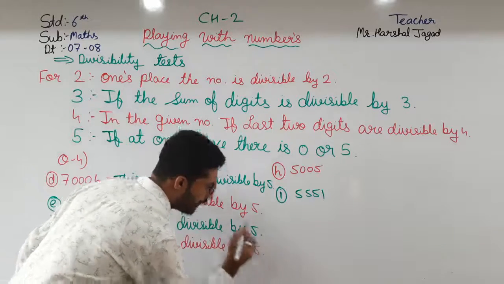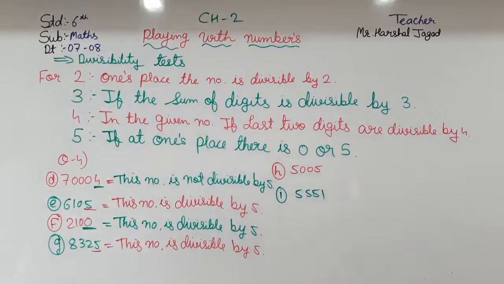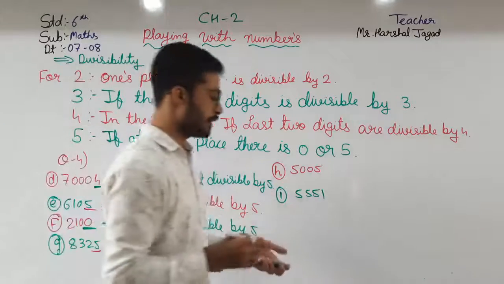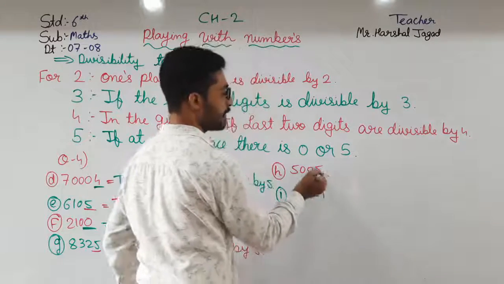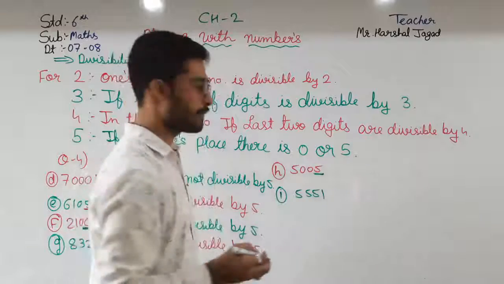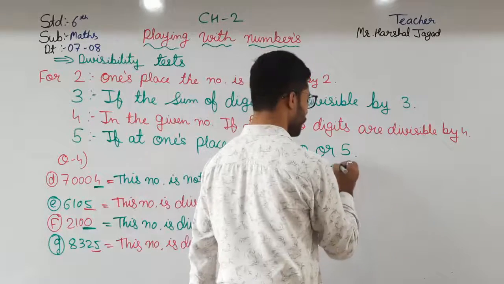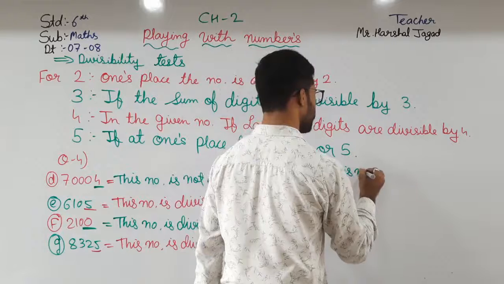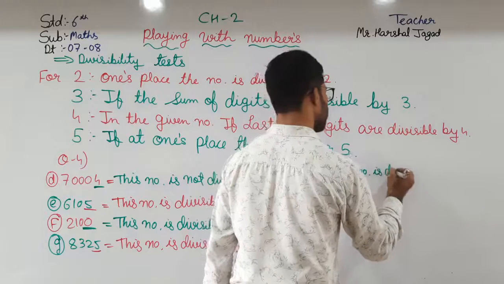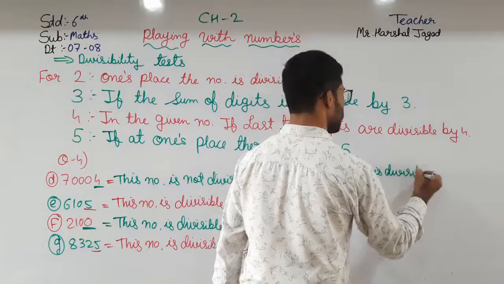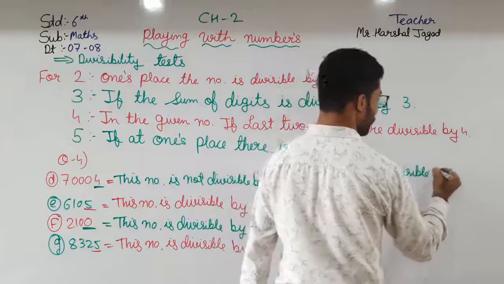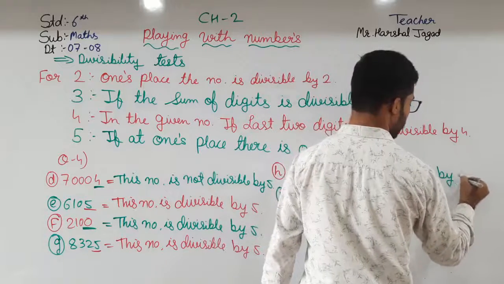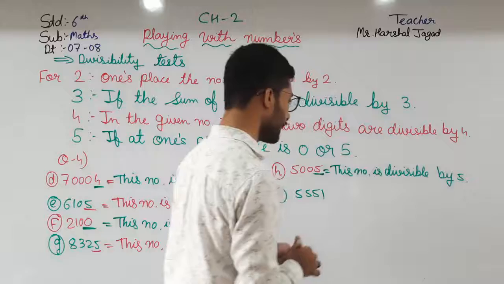Then after H, over here you can see, at ones place it is 5, so this number is divisible by 5.